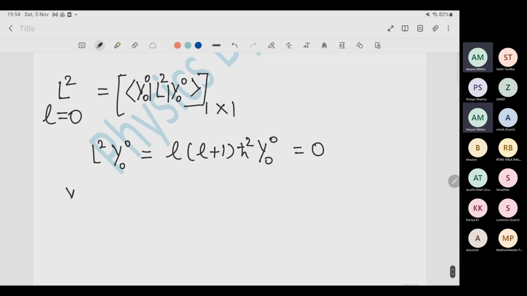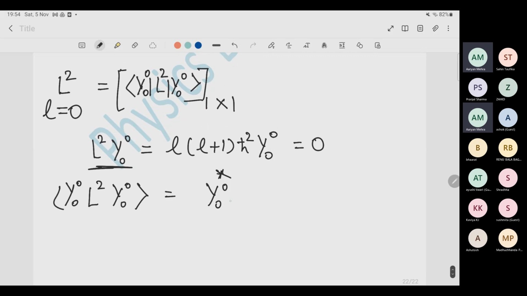Now I want to find Y00 L square Y00. I have already discussed that you take the complex conjugate and multiply it with whatever answer has come. So when you multiply the answer with 0, you again get 0. So your L square matrix when L is 0 will be 0.